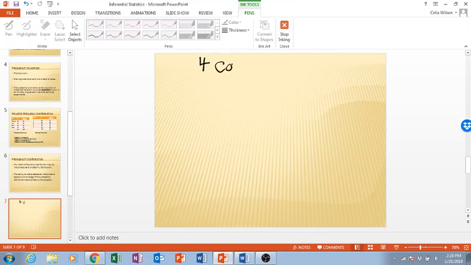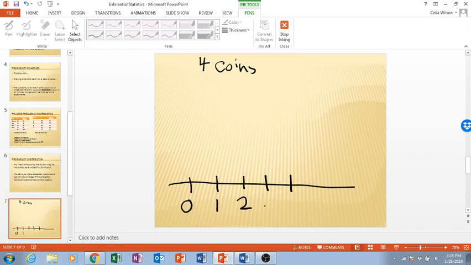So 4 coins. I'm going to draw a line down here, and we're going to think about the order of these. I may have written these too close together, so let's see. 0, 1, 2, 3, 4.